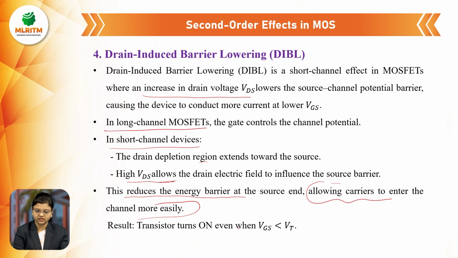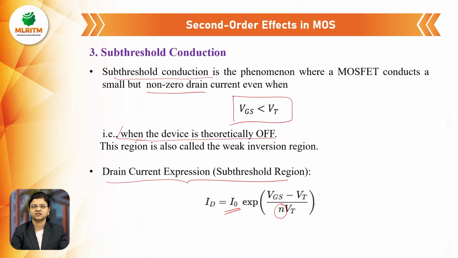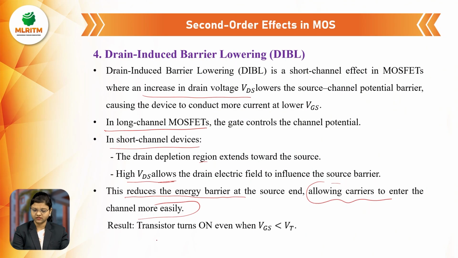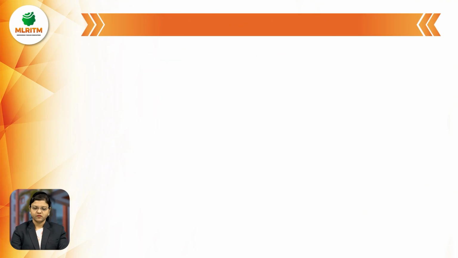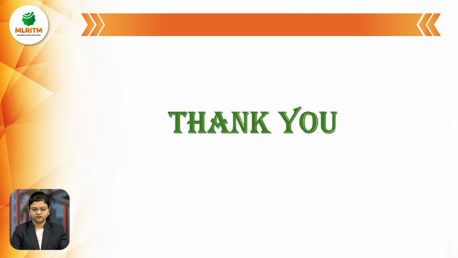As a result, the transistor will turn on even if VGS is less than VT. In the ideal condition, we consider that when VGS is less than VT the transistor is off, but because of second order effects like DIBL and subthreshold conduction, the transistor gets turned on. So these are all about the second order effects.